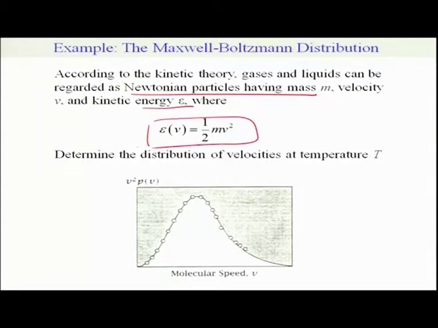If you would like to calculate the distribution of velocity at temperature T, this is the distribution. This follows the Maxwell distribution model, and this can be connected to the temperature, and you can try to solve various different aspects using these expressions. So, we can find out the probability P(v) also.